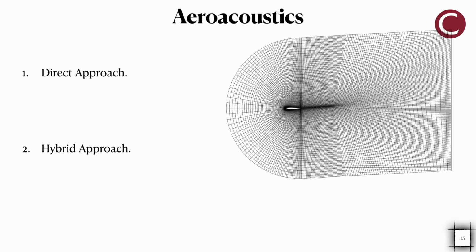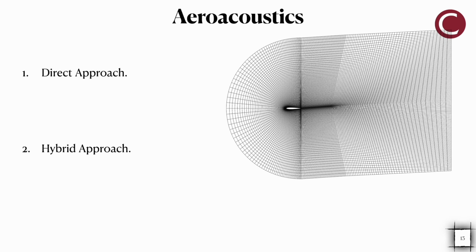In the direct approach, we compute the sound directly from the flow solver, so we don't need any acoustic solver. But how do we calculate this sound? We just take the pressure, we subtract the time average pressure from instantaneous pressure, and that's the acoustic pressure. And from there, we can compute the overall sound pressure level.